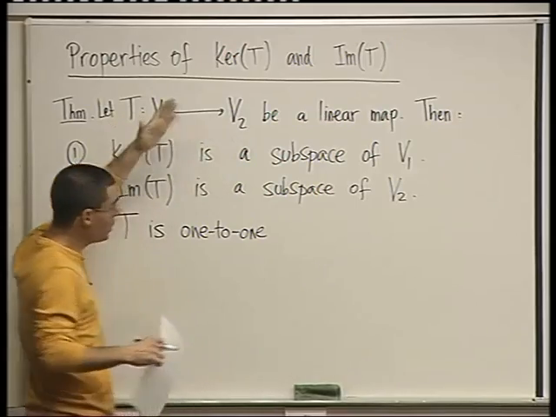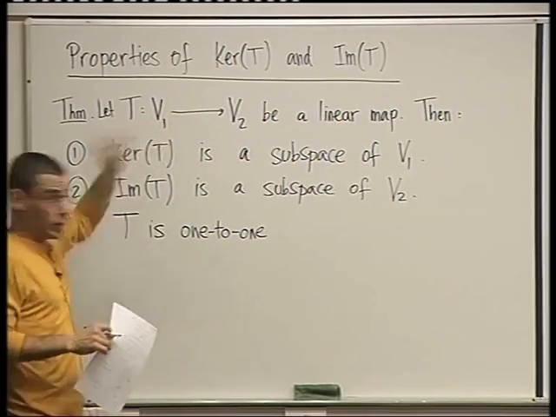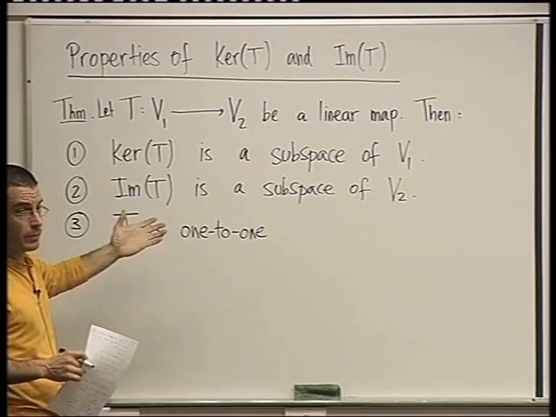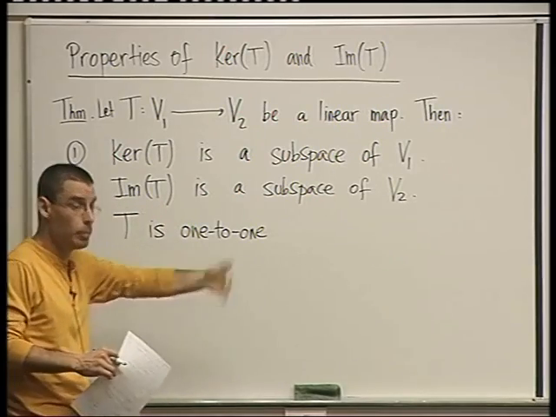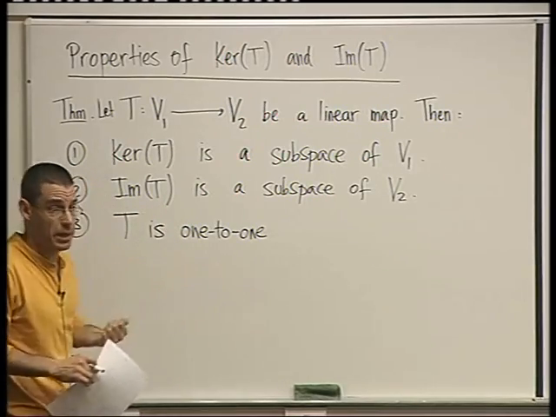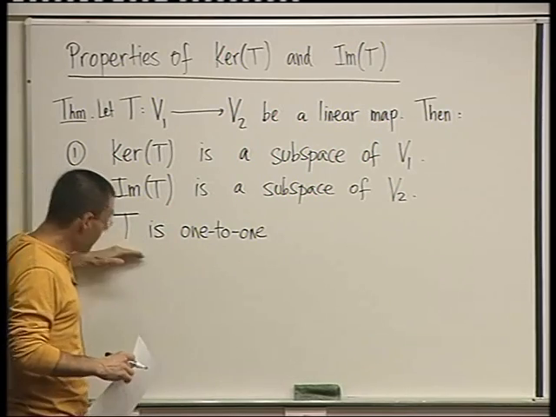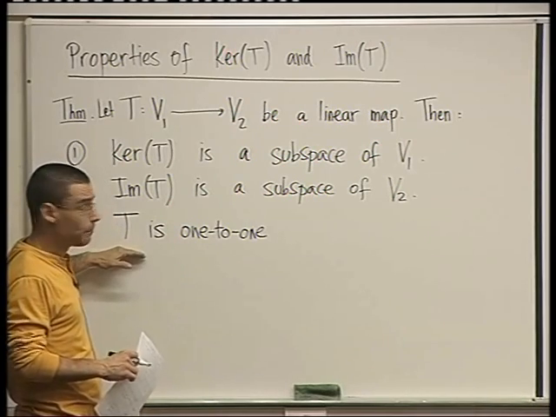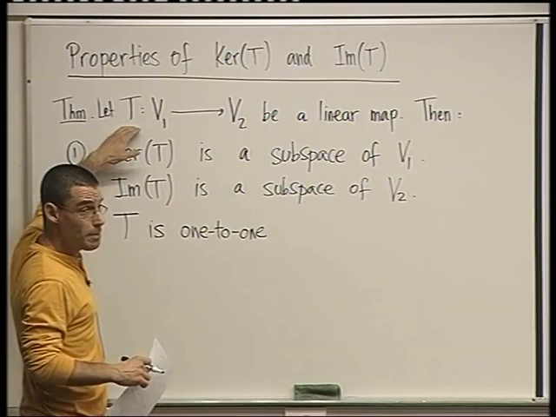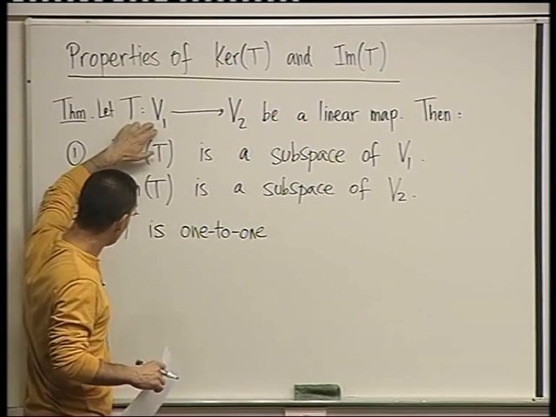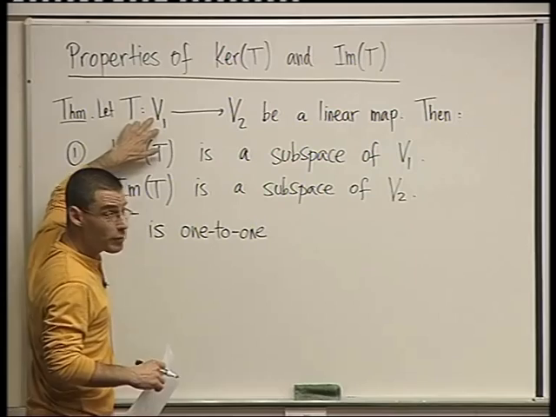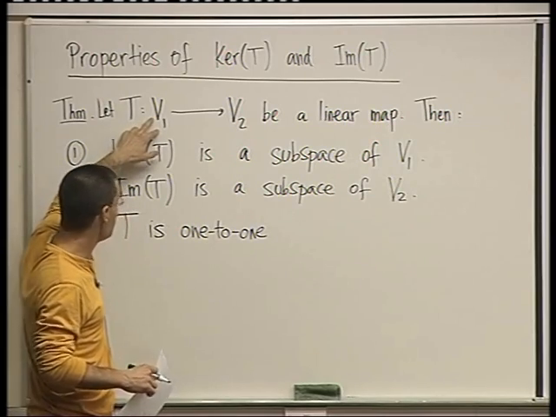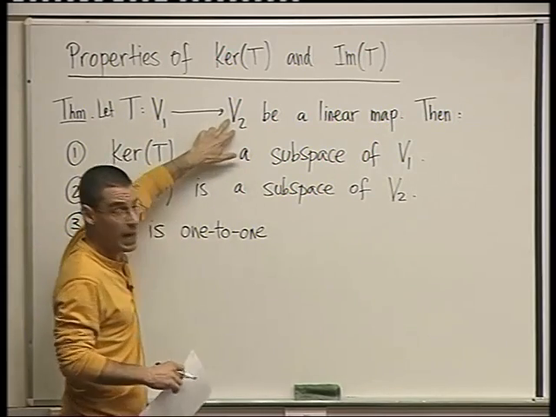And remember that a linear map is, to start with, just a function. It's a function that satisfies 2 more properties, the linearity properties. But as a function, it can be a 1-to-1 function. And a 1-to-1 function means that if you take 2 different elements in V1, T sends them to 2 different elements.